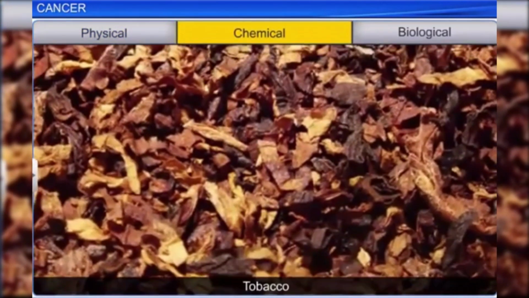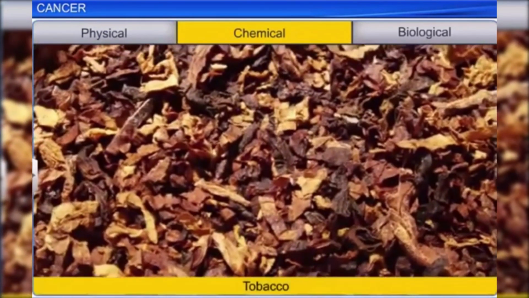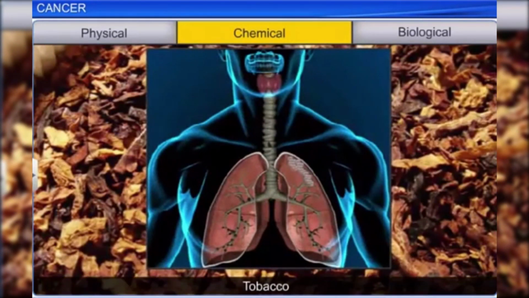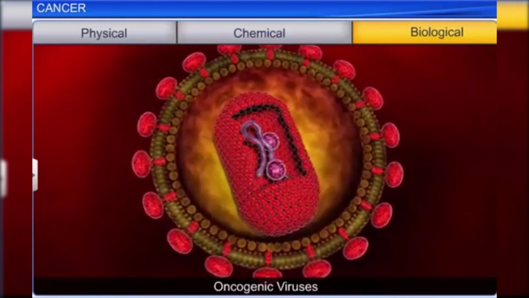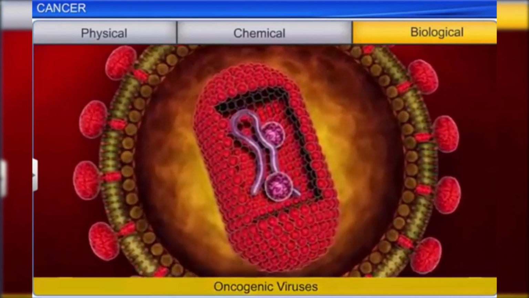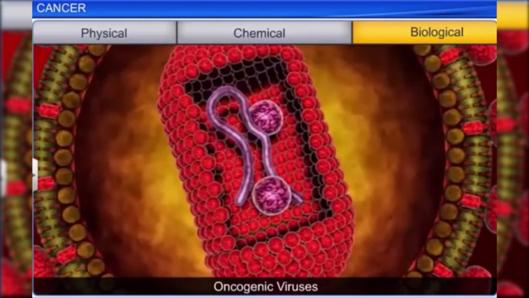Similarly, the chemical carcinogen nicotine present in tobacco causes lung cancer. Biological carcinogens can be found in viruses called oncogenic viruses, as they can induce the formation of tumors. They are also called tumor viruses and have genes called viral oncogenes.